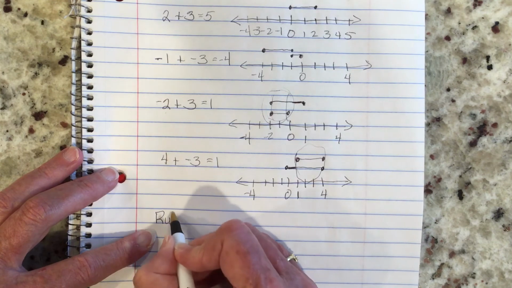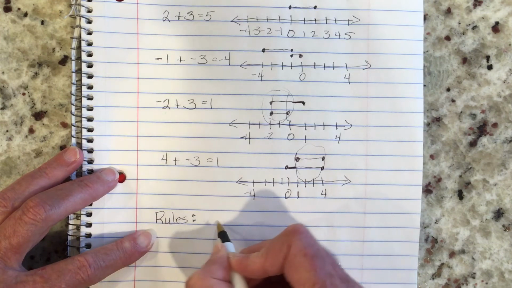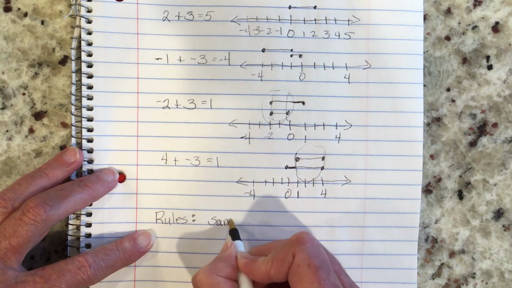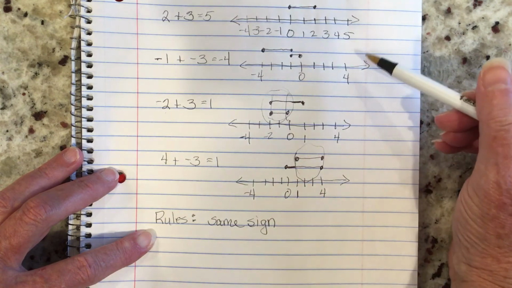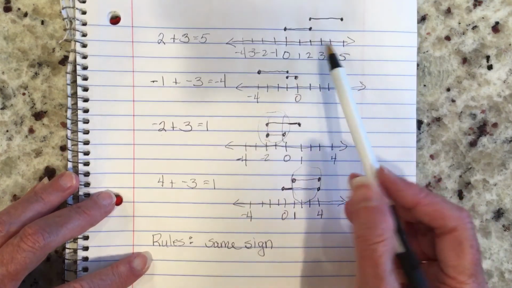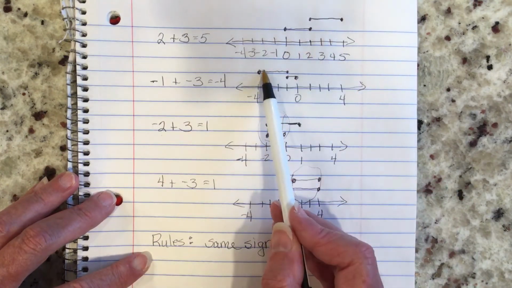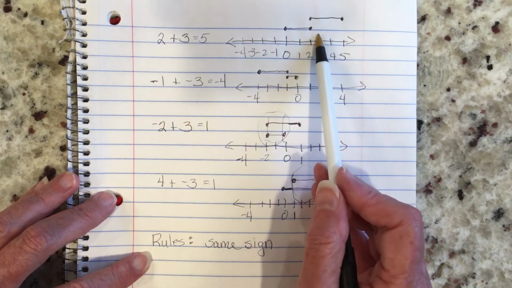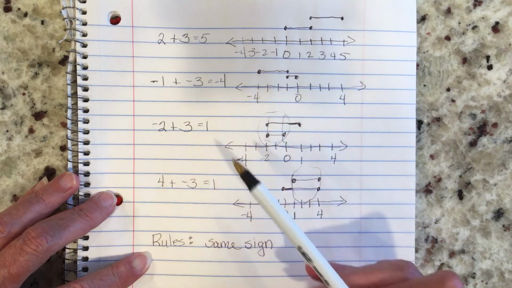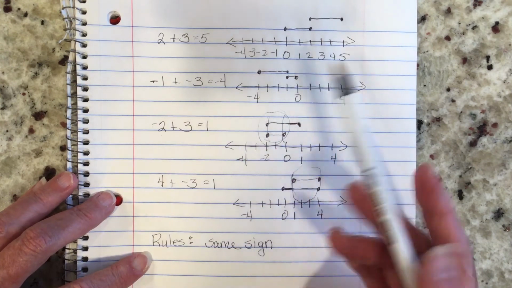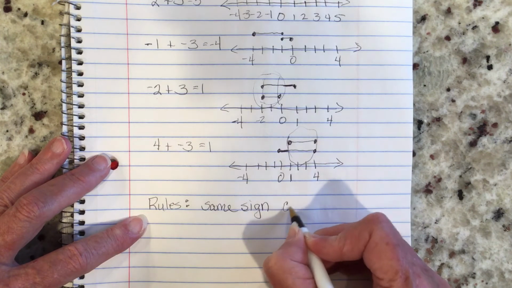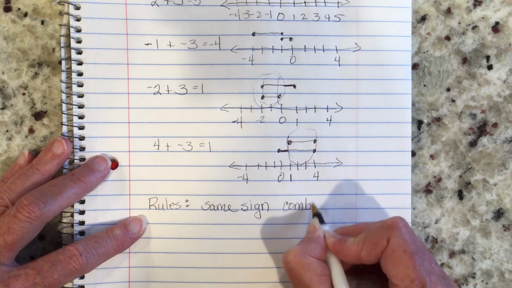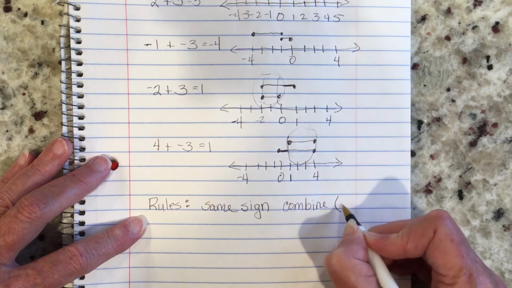So if we have the same sign, like those first two problems we did up here, if you notice on our number lines, we kept going in the direction we were going. We added on to what we started with. So we kind of combined the two of them. So when we have the same sign, we combine them, and the operation is adding.